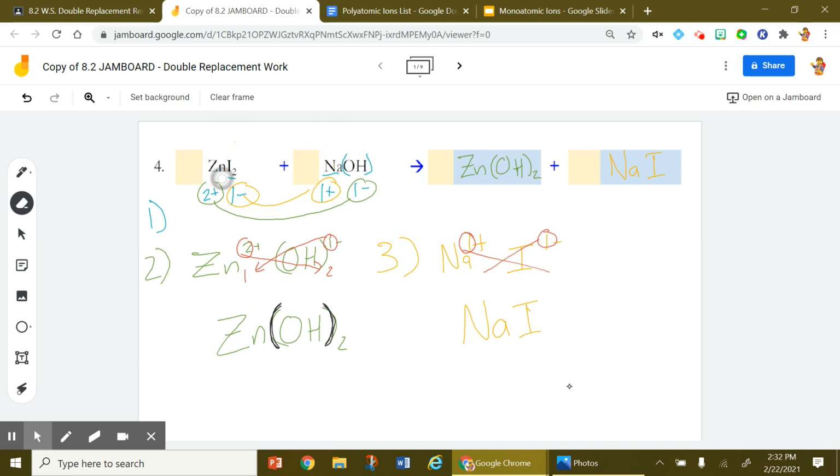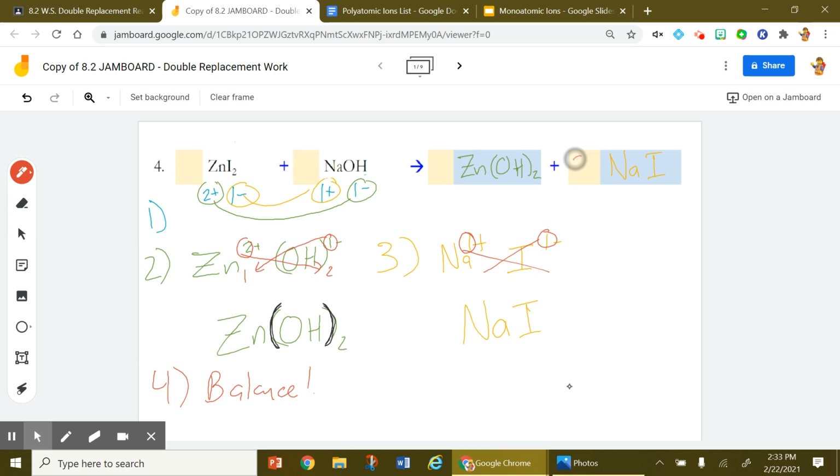Now the last step is always you have to balance this equation. So finally, we are going to balance. We've got 1 zinc, 1 zinc. Great. We've got 2 iodines and only 1 iodine on this side.